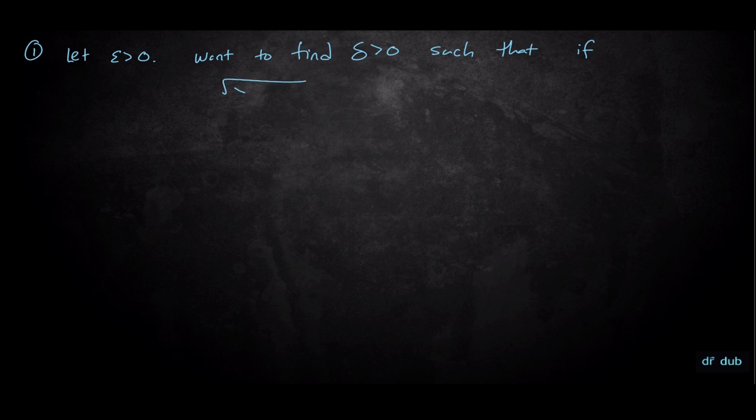The square root of (x minus 0) squared plus (y minus 0) squared is less than delta, then the absolute value of 2x squared y over x squared plus y squared minus 0 is less than epsilon. So we want to show this basically. So we've got to find the right delta.